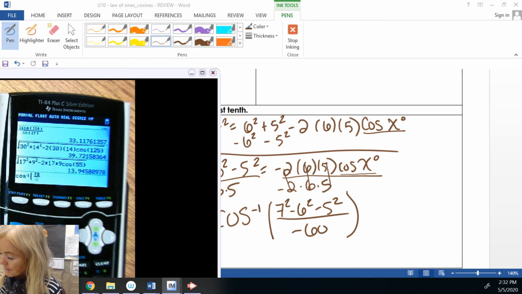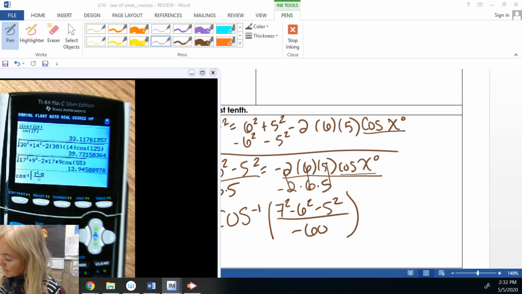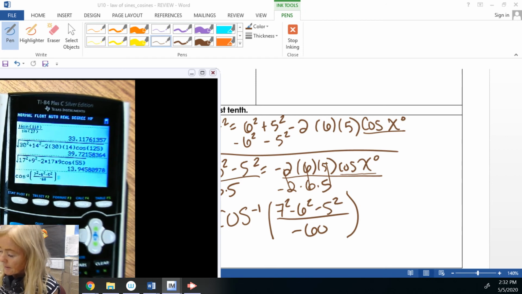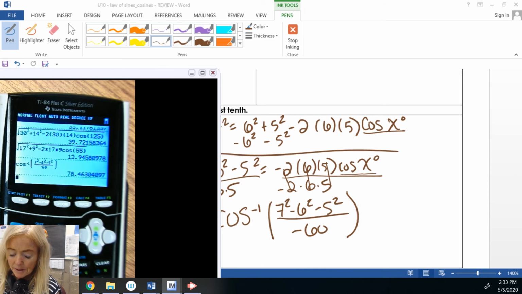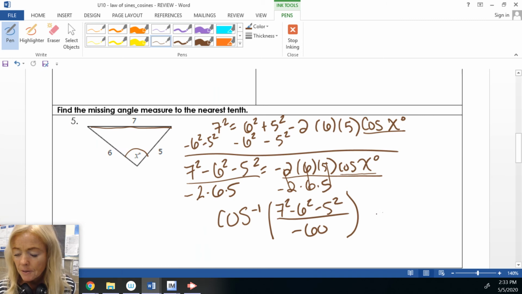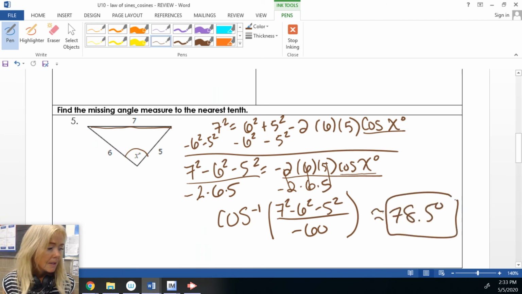Then you just type in 7 squared minus 6 squared minus 5 squared, and that's all over, head down, negative 60. That's all you do, you just plug it in the calculator like that. Makes it simple. So that angle is approximately 78.5 degrees. Not too bad, eh?